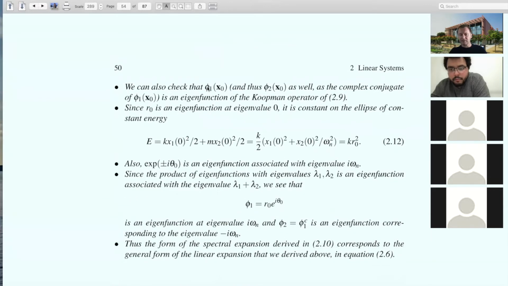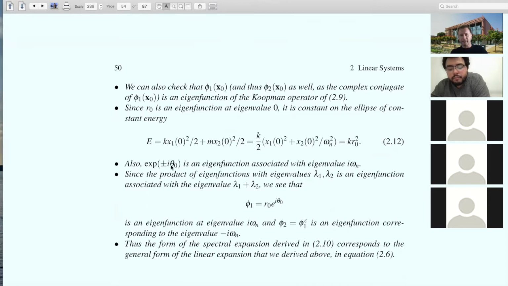So let's just check that phi 1 and phi 2 are eigenfunctions of the Koopman operator, and you will see that we'll come back to something that I indicated earlier in our introductory lectures. So I already pointed out that R0 is just energy divided by the stiffness. In other words, energy is K, the stiffness, times R0 squared.